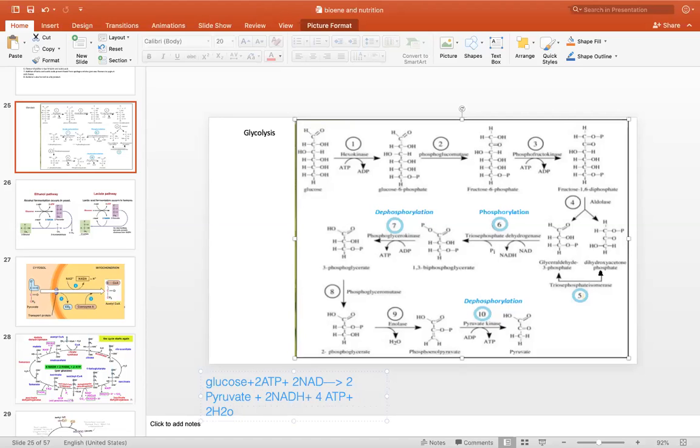So one molecule of glucose takes up 2 ATP and requires 2 NAD to be converted to 2 molecules of pyruvate, 2 NADH, 4 ATPs are given out in this process, and 2 molecules of water. Net gain is 2 ATPs. Understood, guys?